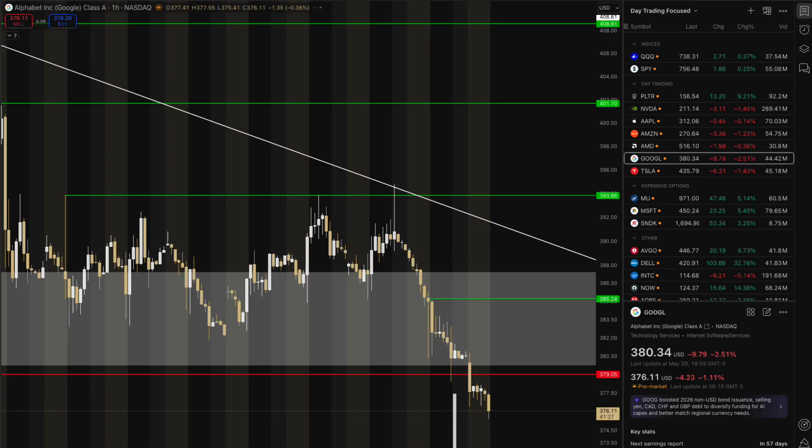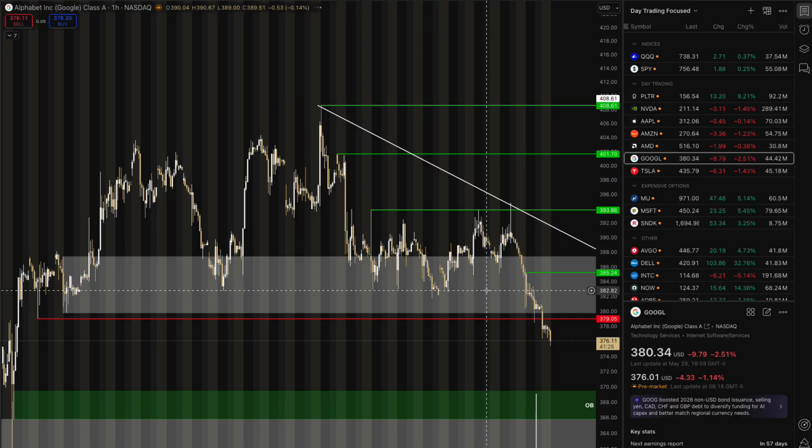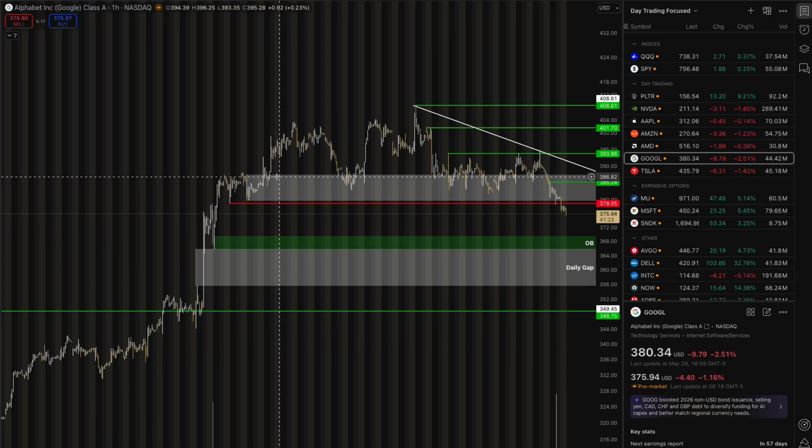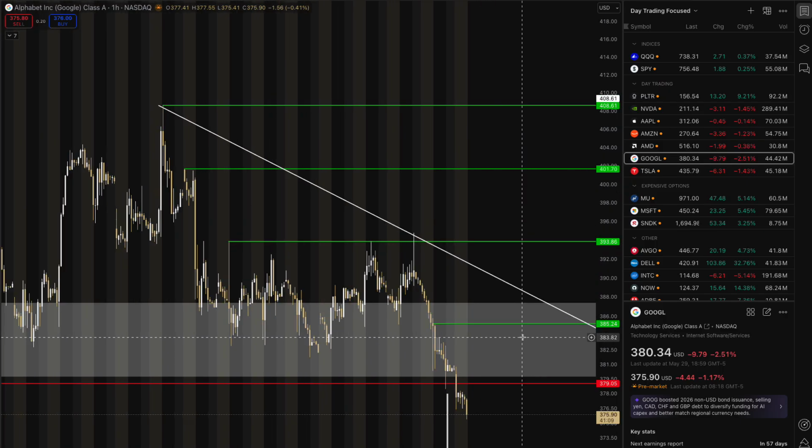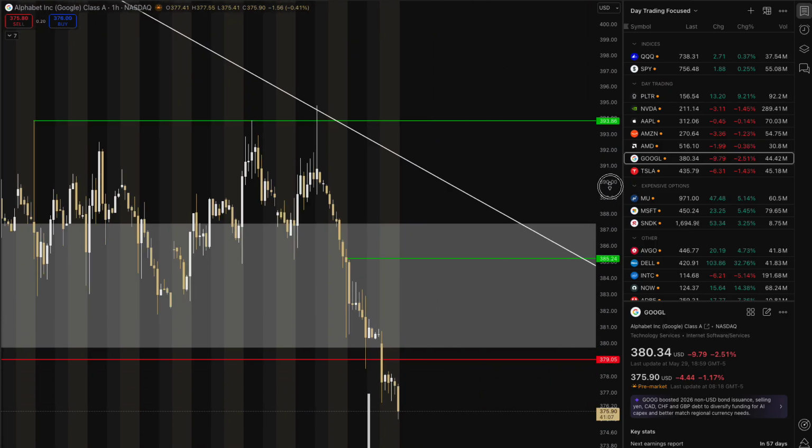If you see on the 1 hour, you can see the price was trying to break this low. We didn't make any new high. So it's gonna go fill the gap and then make a move again.